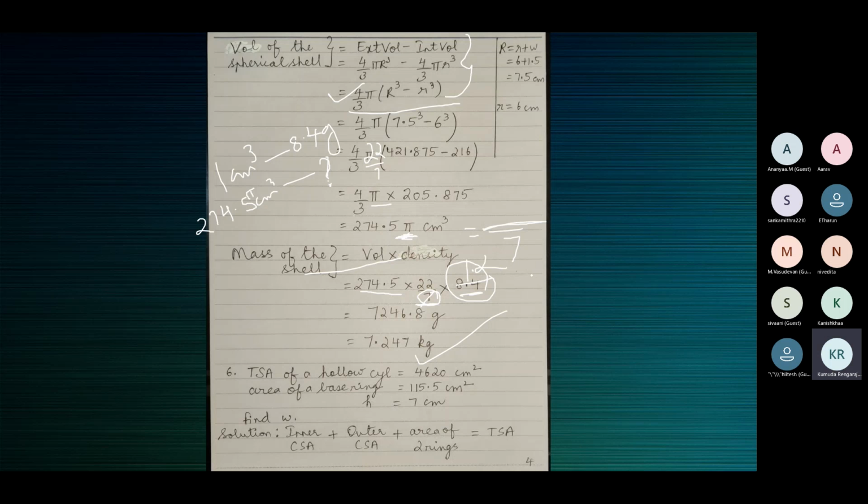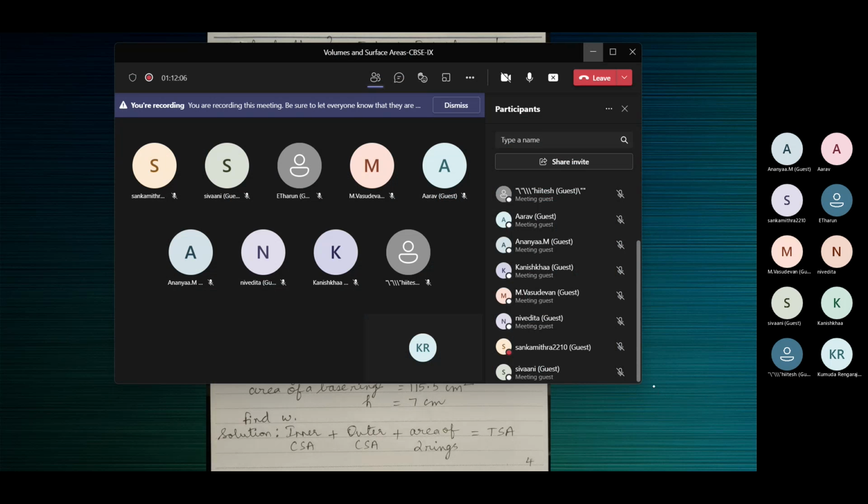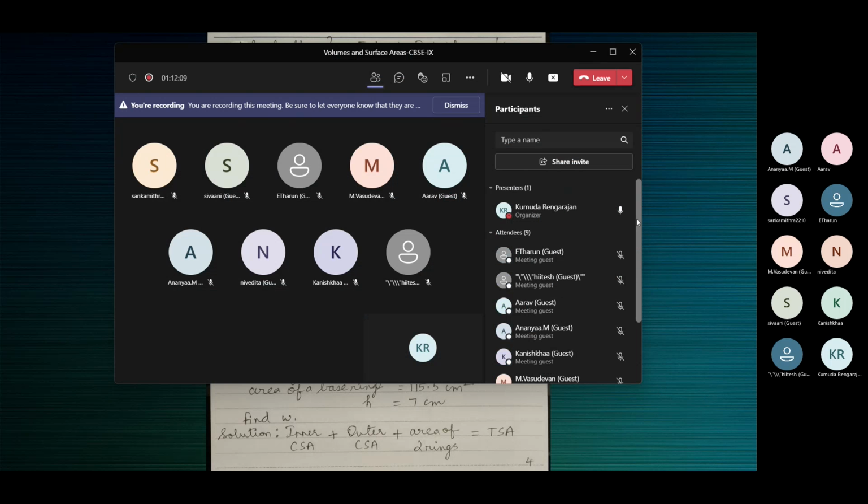All right, children? Any questions? Class, use the emoji, raise your hand.